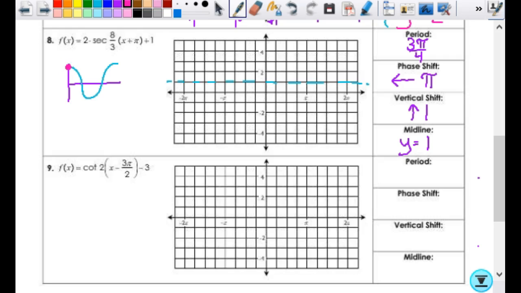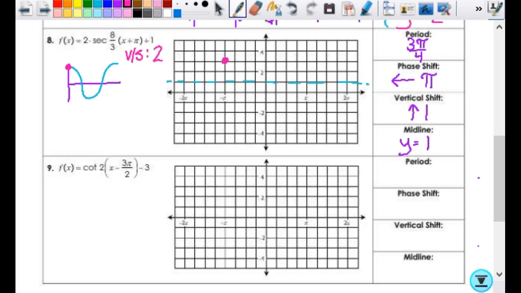Here, it doesn't ask me about amplitude because there is no amplitude for secant, but there is a vertical stretch of 2, and that's important for me. So now I would really be at 0, 2. You agree with that? But your 0 is from the midline, right? So from the midline, when x is 0, I go up 2. But then I also have a phase shift. I have to go to the left, pi, and that's where that point comes from.